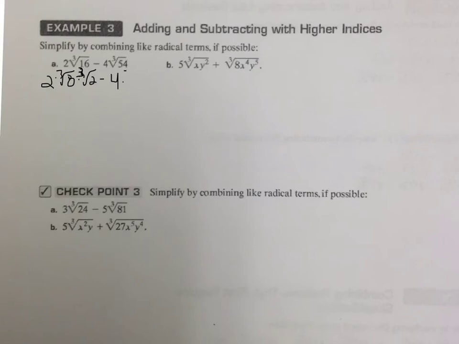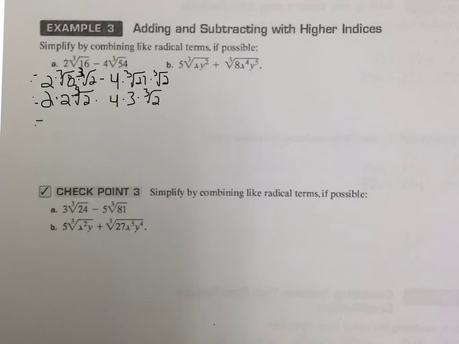So we got the cube root of 27 times the cube root of 2. Alright, so if I take the cube roots of whatever I can take the cube root of, I got 2 times the cube root of 8 is 2, times the cube root of 2, minus 4 times the cube root of 27 is 3, times the cube root of 2.